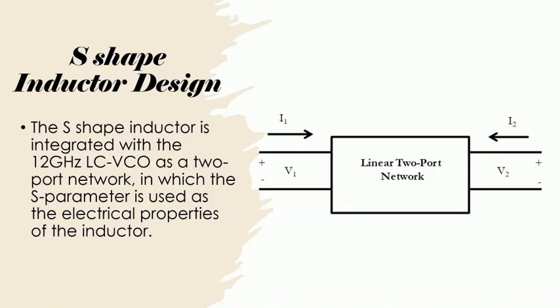The S-shaped inductor is integrated in the 12 GHz LCVCO as a two-port network, in which the S parameter is used as the electrical properties of the inductor. So we create another file for this S-shaped inductor as S parameters, so that we can use that to implement it in the VCO.